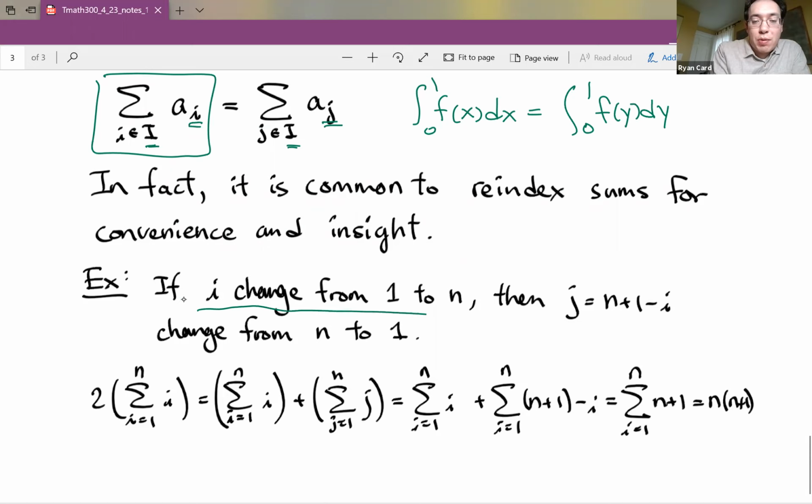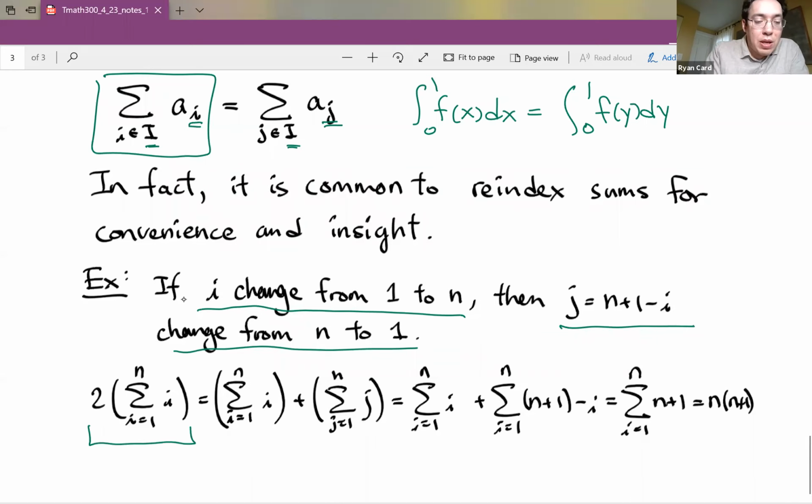If i changes from 1 through n, as in the summation notation, that's the same thing as j, where j is n plus 1 minus i. So if i is equal to 1, j is equal to n. And as i counts up, j counts down, all the way down to 1. When i is equal to n, j is equal to 1. So j is counting the same set of numbers, except you're just counting backwards. Okay, so let's use this idea.